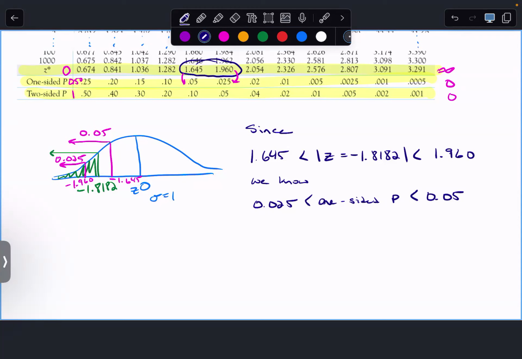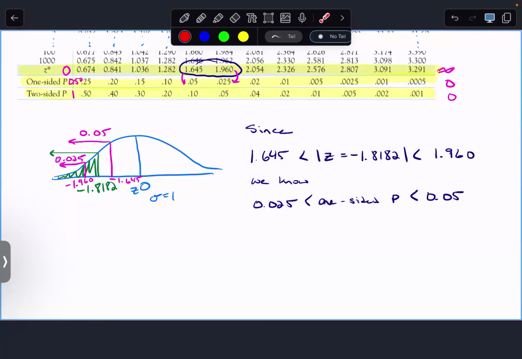So it's somewhere between the smaller one and the larger one, but that's where you want to be careful and read it from right to left, because as you're moving away from Z equals 0, what's happening to the area in the tail? It's getting smaller and smaller. So as your Zs are increasing here, the areas in the tail get smaller.